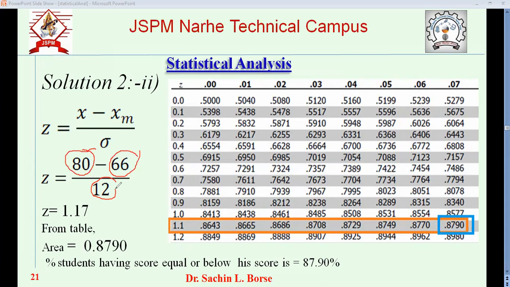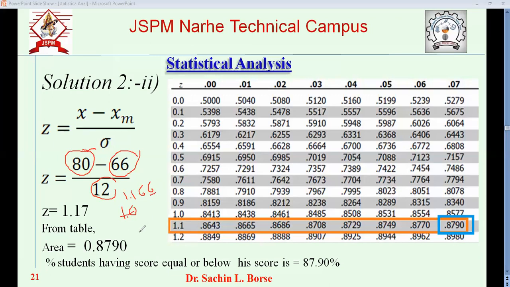It is coming positive. How much is it coming? 1.1666.